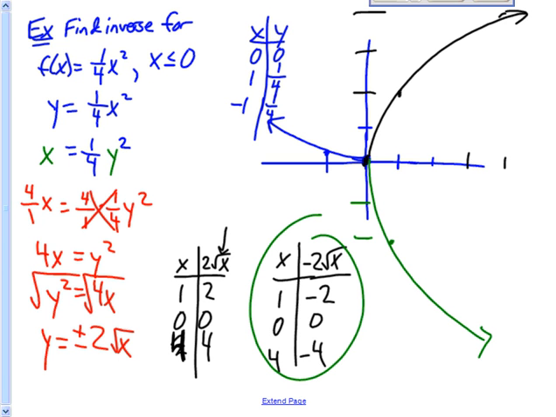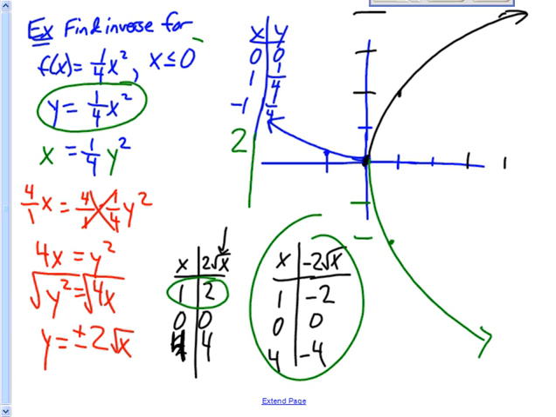Let's keep going until we get to this point right here. That'll be kind of a giveaway, won't it? So if I have 2 for my x on this original 1/4 x squared, 2 squared is 4, 4 times that 1/4, 4/4.